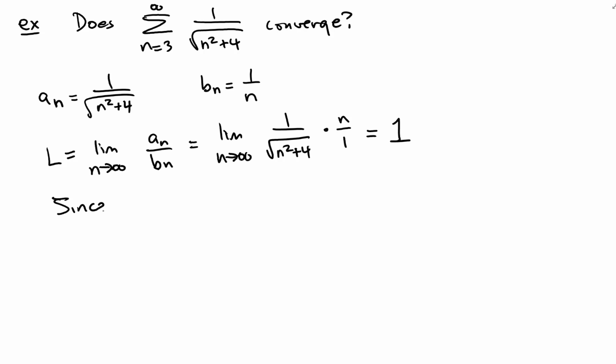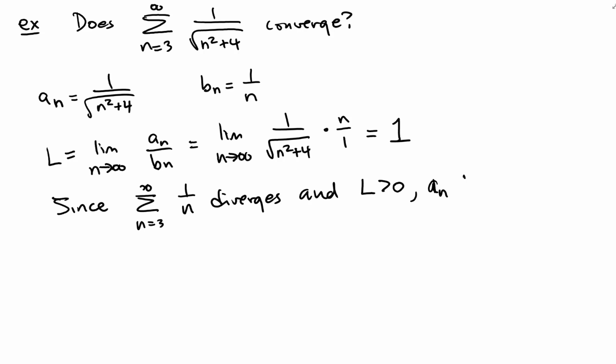So since the series from n equals 3 to infinity of 1 over n diverges, and the limit is greater than 0, well, there's only one thing that can happen, which is a sub n also has to diverge, and again, it's by the limit comparison test.